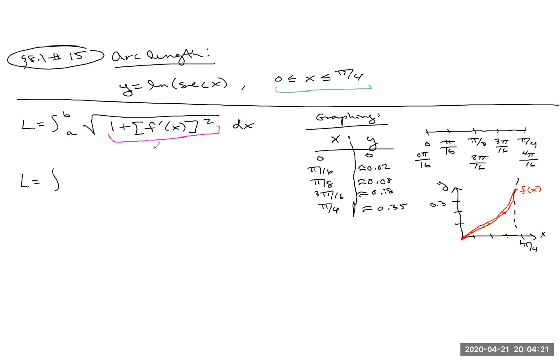Come from right here. So 0 to pi over 4 for x values. And then radical, we found out that the 1 plus f prime squared is secant squared x. And dx.